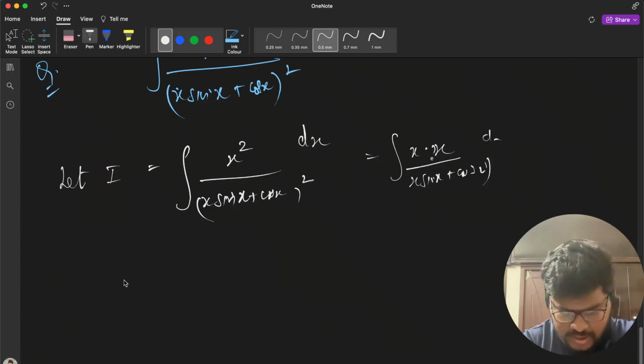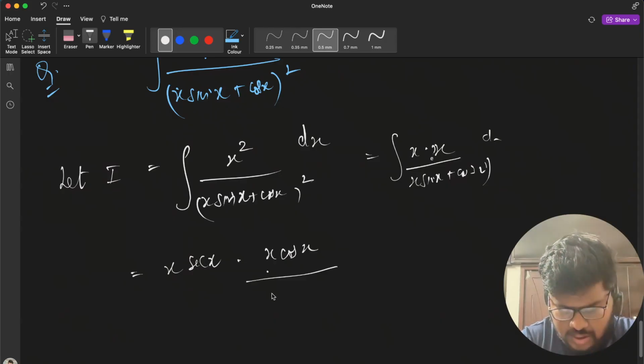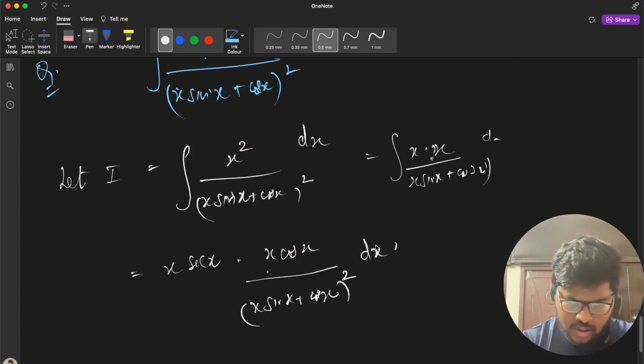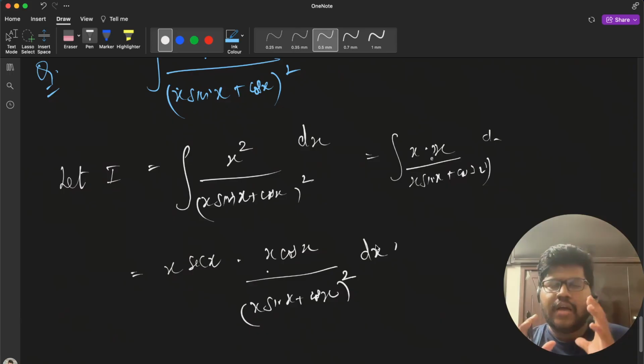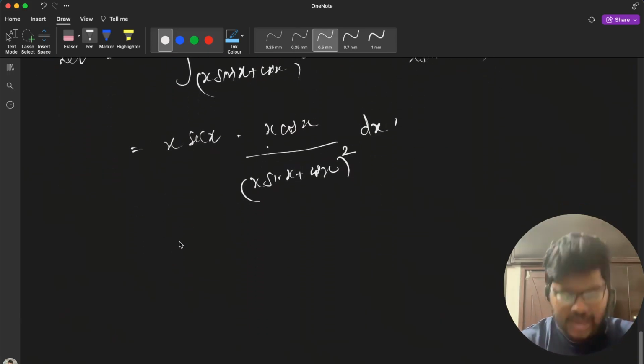Right. So now I can write it as x sec x into x cos x divided by (x sin x plus cos x) whole square dx, right? So what I have done, I have simply multiplied and divided the whole expression by cos x, right?